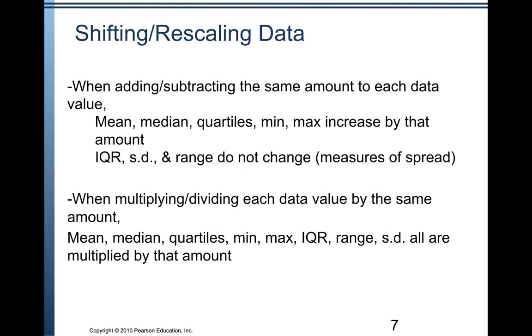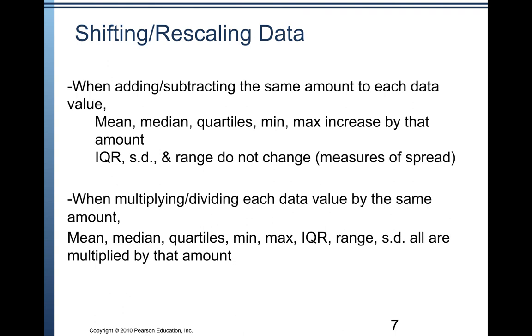The IQR, the range, the standard deviation, they're all going to increase by 10%, because each individual value is going to increase by a different amount, because we're multiplying instead of adding. That is what we call rescaling data.